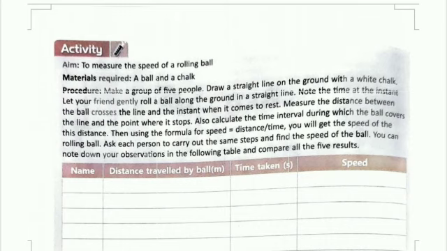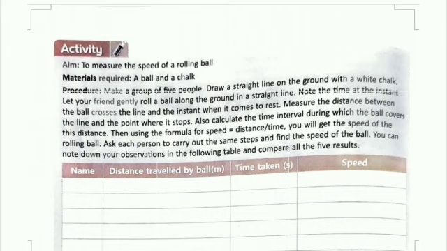Measure the distance between the line and the point where it stops. Meanwhile, calculate the time interval using a stop clock, during which the ball covers the distance from the white line to where the ball stops.